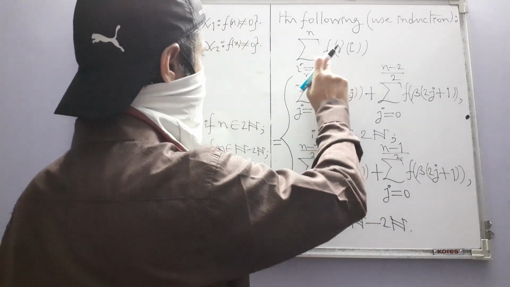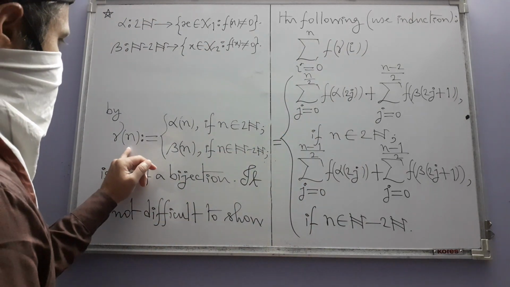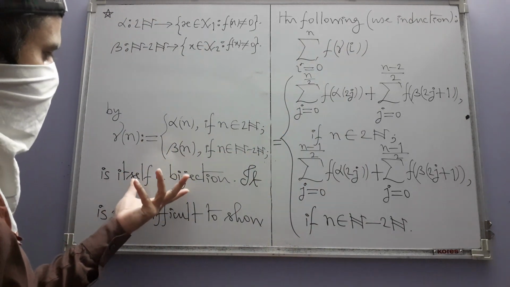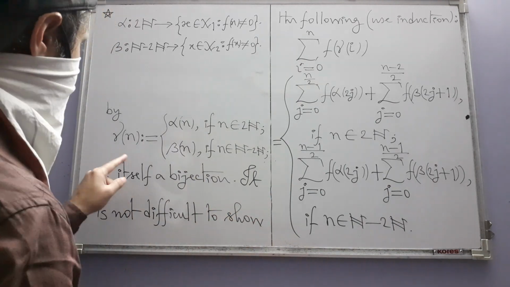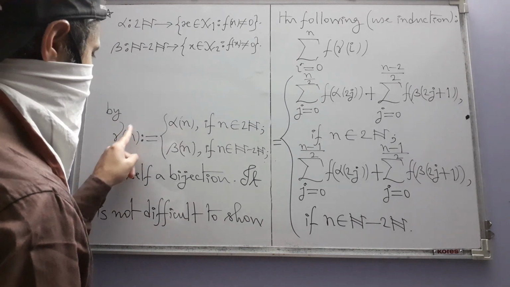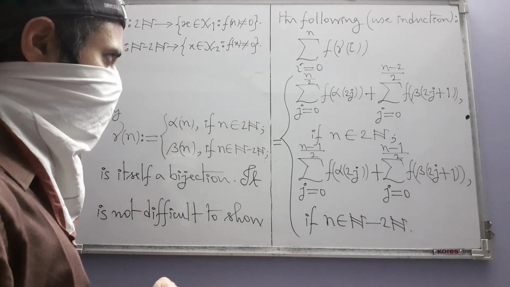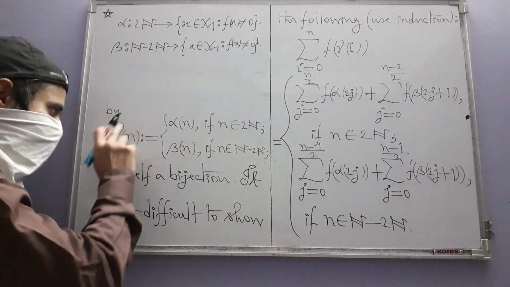Okay, so what do we see here? We see here f values, and here we have claimed, and I assume that we know this, we have proved that gamma is a bijection. So when you consider the gamma values, what are the things that you get? I mean, what are the gamma values?